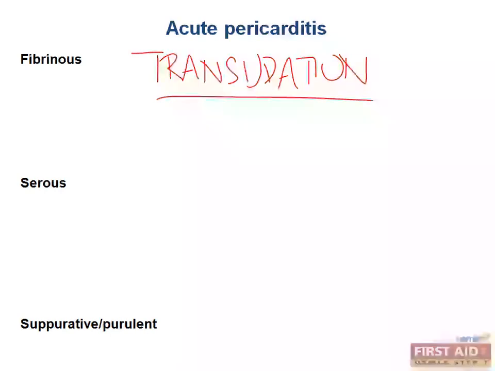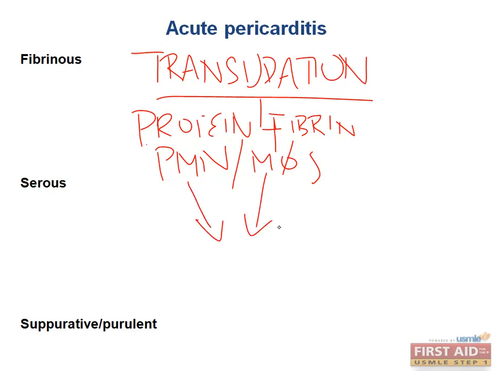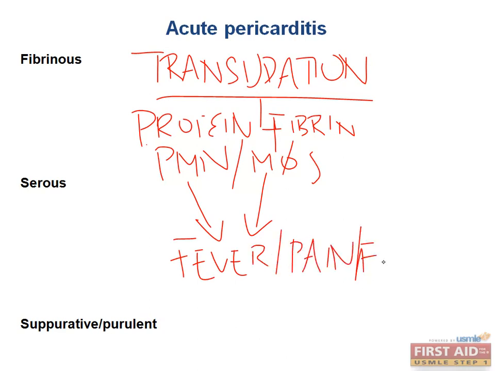So transudation is usually capillary leak that leads to protein and fibrin to leak across the endothelial cell barrier, followed by neutrophils and macrophages, initially monocytes, but will convert to macrophages when they hit the tissue. These leukocytes release cytokines that cause fever, pain, and a fibrotic-like response by fibroblasts.